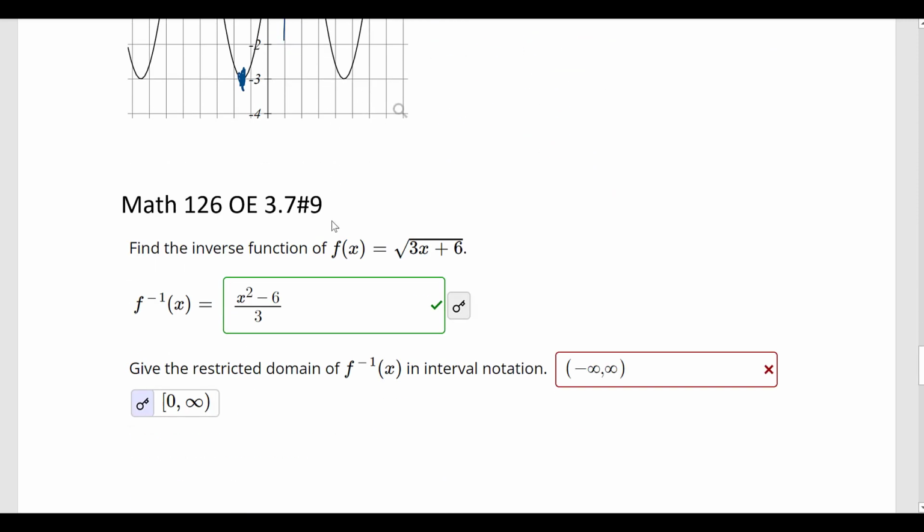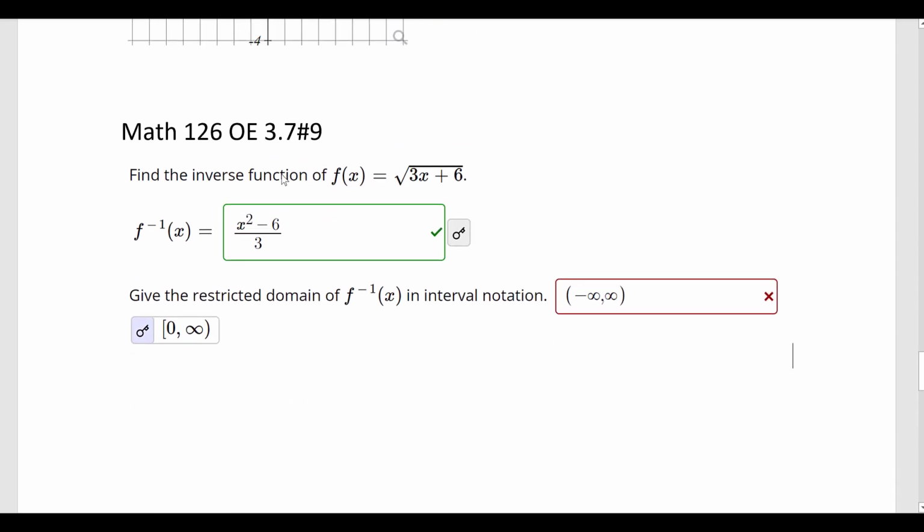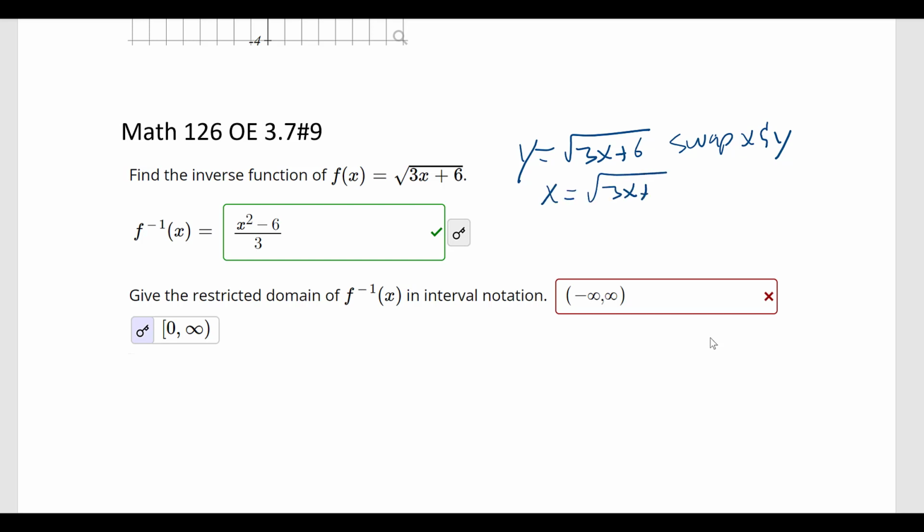And the next problem, find the inverse of this function. So you see this person already had. Again, if I said y equals the square root of 3x plus 6, and I swap the x and y, I'd have x equals the square root of 3y plus 6, where x squared equals 3y plus 6.